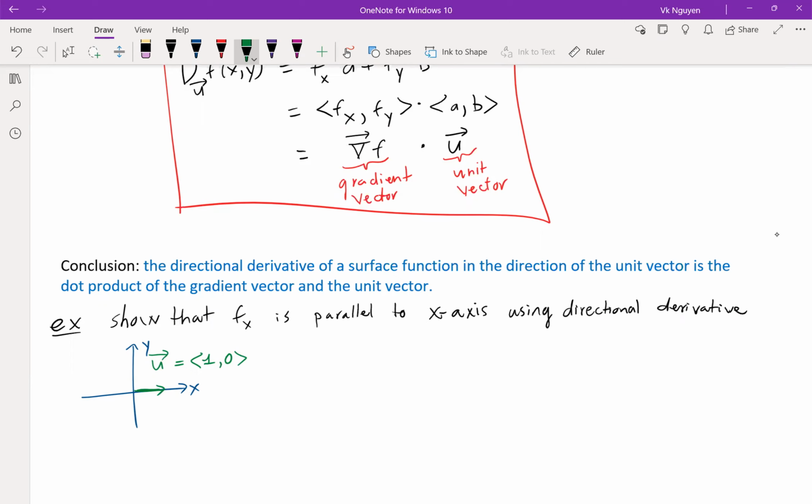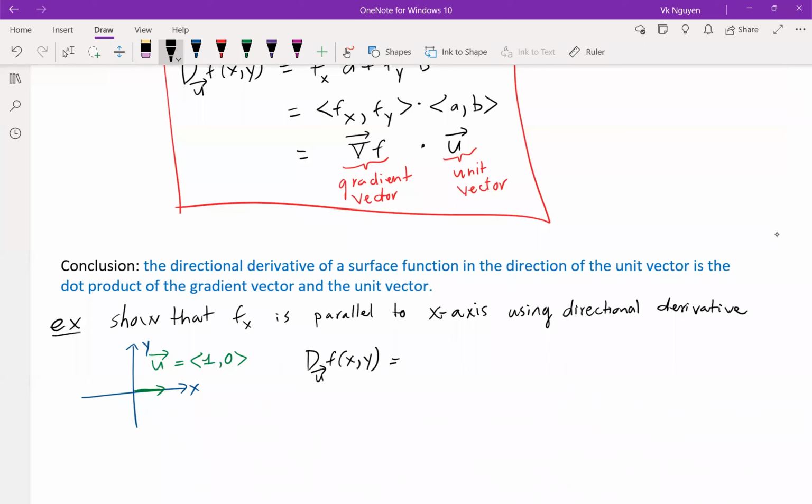Next, we're going to do the directional derivative of f(x, y) in the direction of the unit vector.